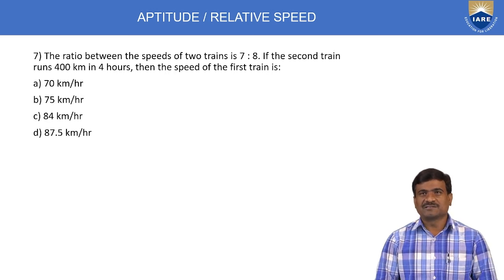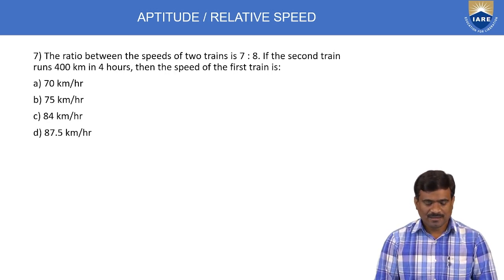Next, seventh example. The ratio between the speeds of two trains is 7:8. If the second train runs 400 kilometers in 4 hours, then the speed of the first train is dash. A 70 km per hour, B 75 km per hour, C 84 km per hour, D 87.5 km per hour.